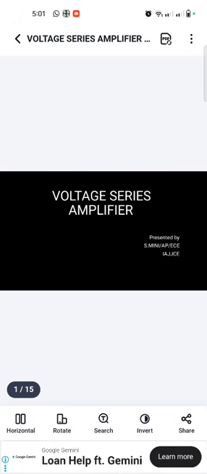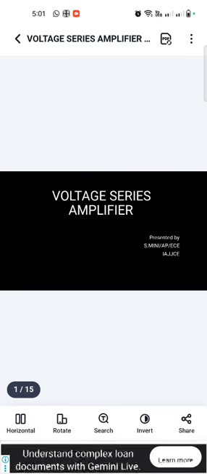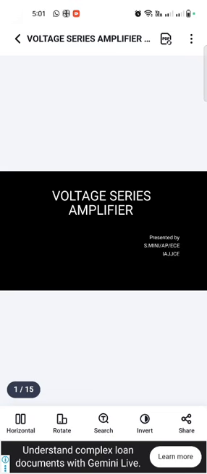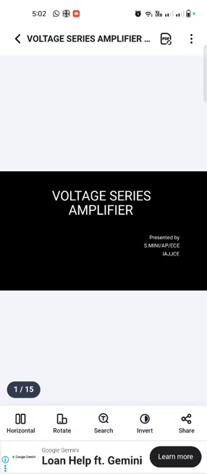Actually, there are two types of feedback: positive feedback and negative feedback. In amplifiers we use negative feedback, but positive feedback is used in oscillators. What is meant by negative feedback?